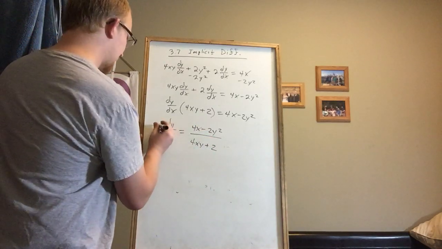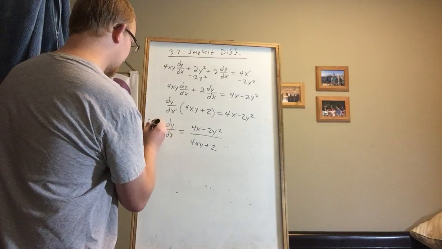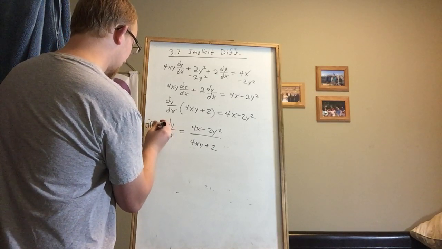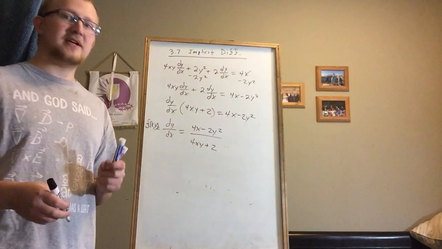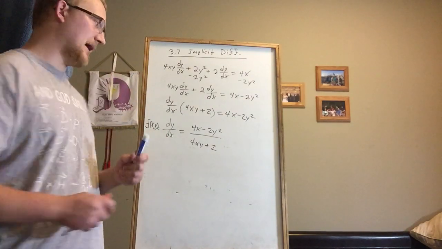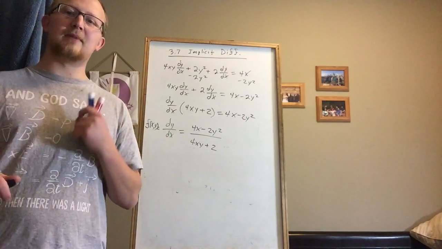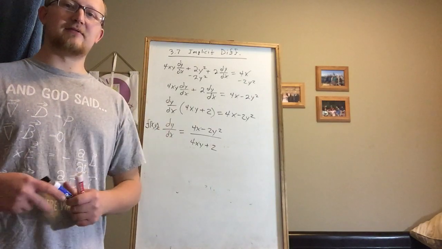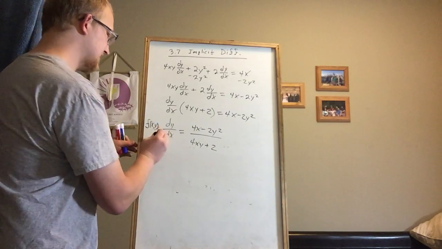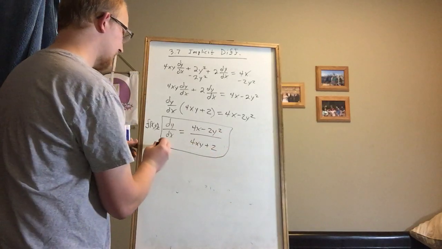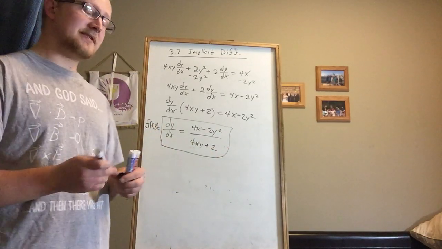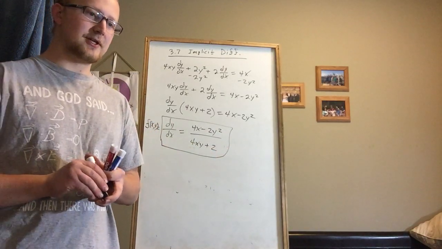So really now we have a derivative that's a function of both x and y. And for that reason, there was no way that we were going to be able to algebraically solve and get y by itself and then take the derivative of x, because the derivative itself is a function of both x and y. So that's the uses for implicit differentiation.